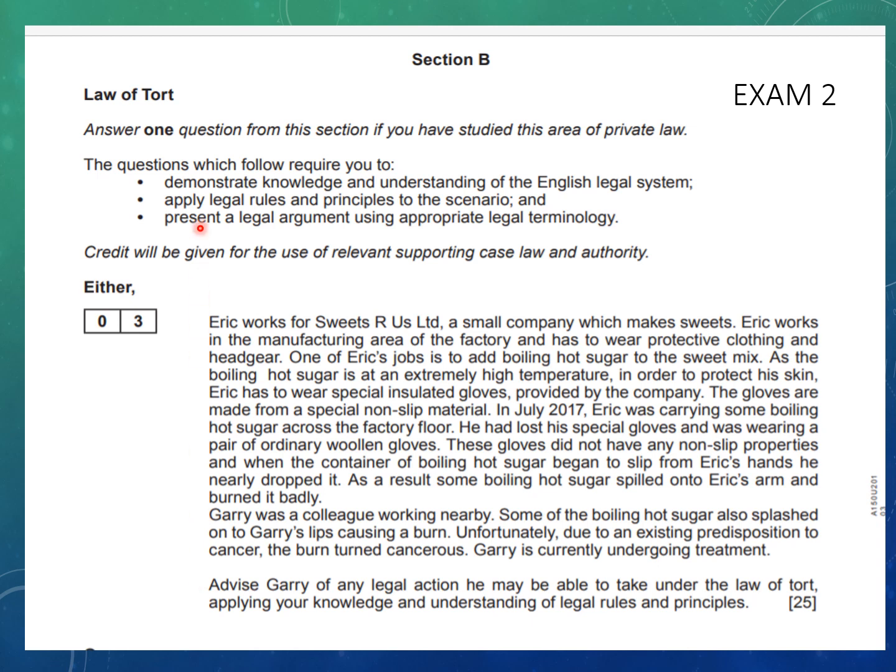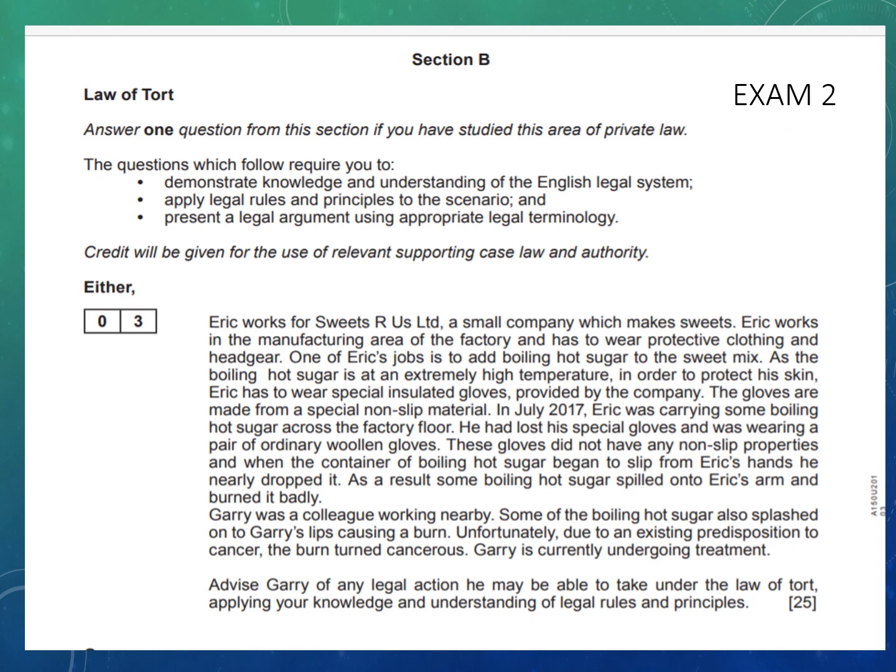This one that fits on the slide is about Eric working for Sweets R Us, and you're being asked to advise Gary about the law of tort. This particular scenario involved a potential negligence claim. So again, if you've been studying tort, you would pick either 3 or 4, whichever looked nicer, and spend 45 minutes on it.